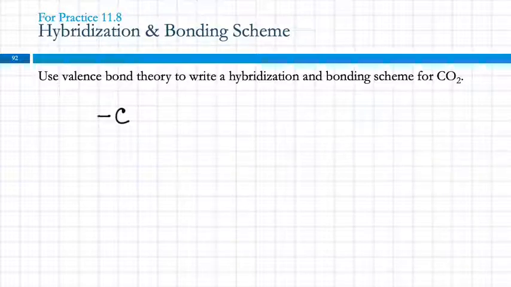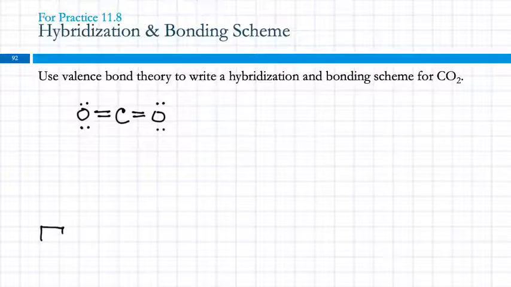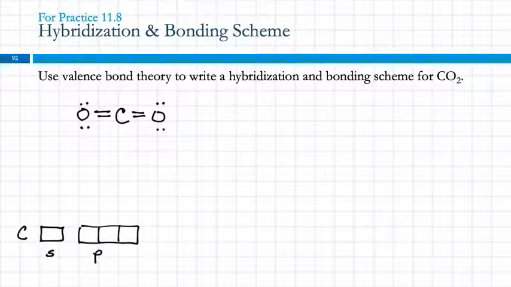I'll just fast forward to the Lewis structure. So here's carbon unhybridized. We have S, we have P, and we know carbon has 4 valence electrons, and they'd be in there like that. And then we're going to show how it hybridizes, and we're going to look at the central atom, the carbon, and say how many electron groups are there? There's 2. So I need an sp hybrid.